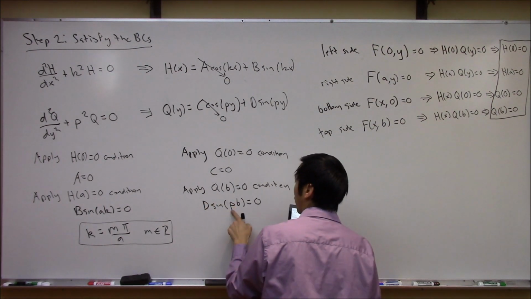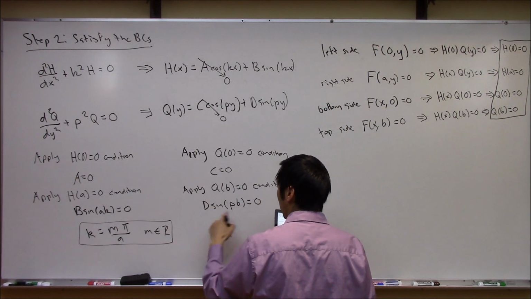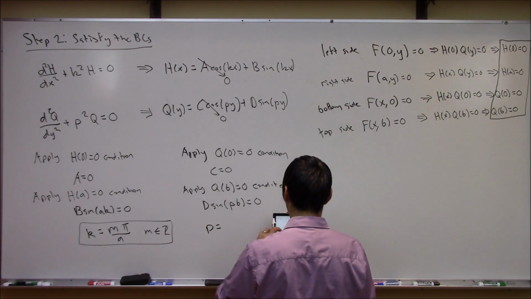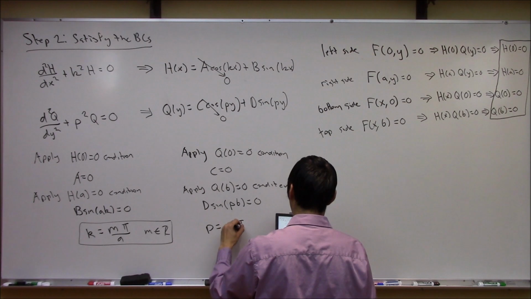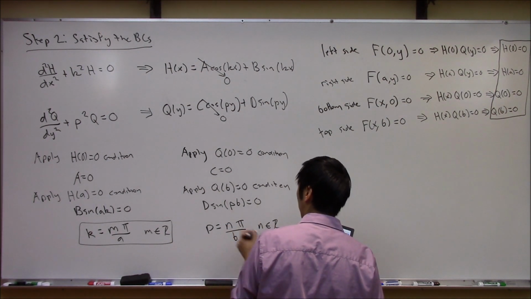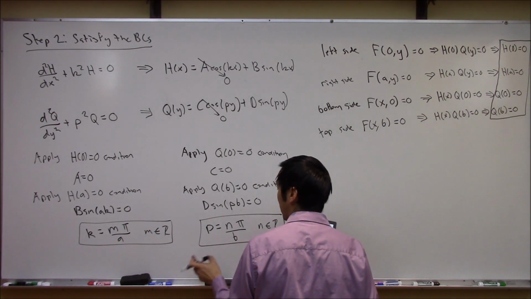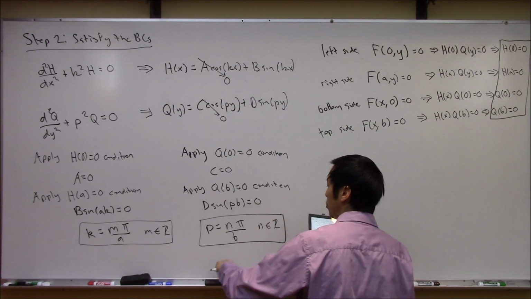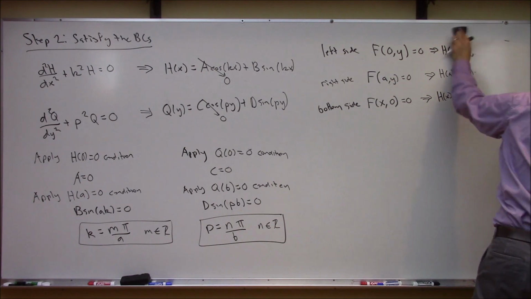Therefore pb has got to equal some multiple of pi, so p has to take on values of n pi over b for n in the integers. They're very similar, but we see now that k and p are not free, just like we saw earlier, except now we've got 2 of these to deal with, not just 1. Okay, great.